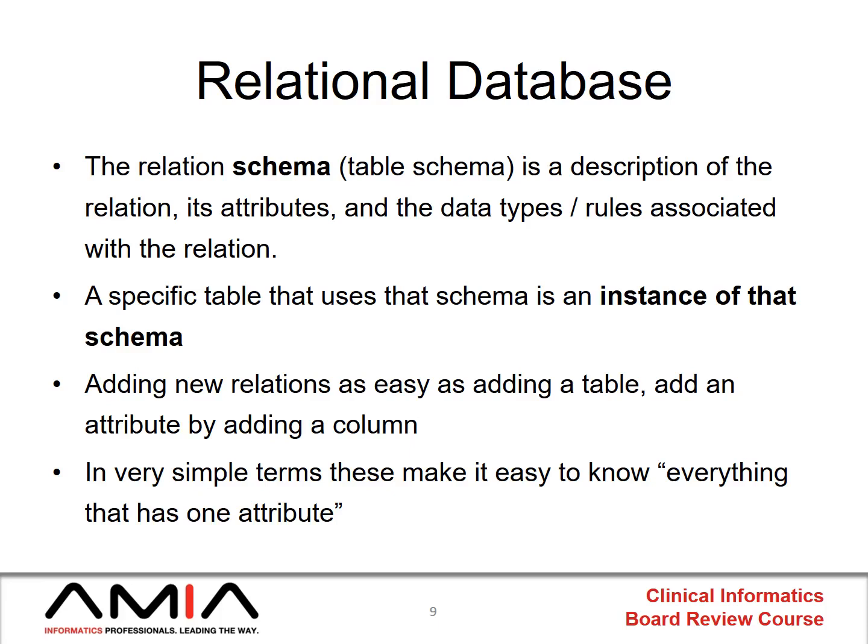So for example, if I have a table of all the patients in my electronic health record, and I want to identify every single patient who comes from a specific zip code, there's probably exactly one attribute in one table that specifies the zip code. And with a single line of SQL query, structured query language, I can identify every single patient that matches that criterion.